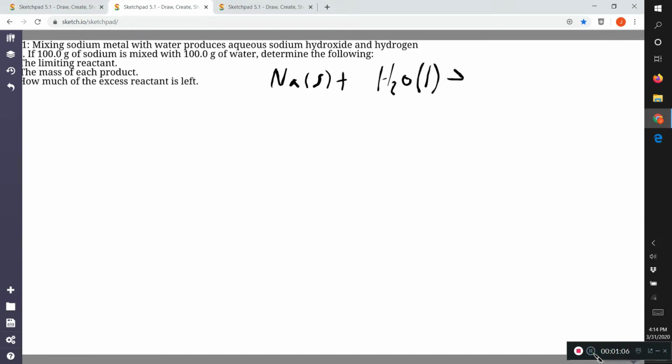And that's going to leave sodium hydroxide, which is NaOH. I know that because sodium's a +1 and hydroxide's a -1. It says it's aqueous. And hydrogen gas. So we know that hydrogen gas is H2.